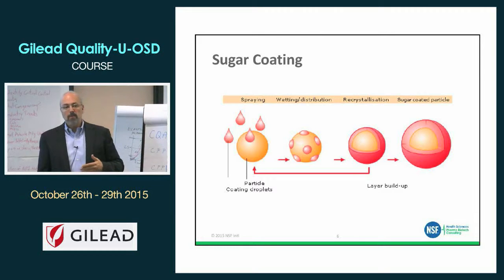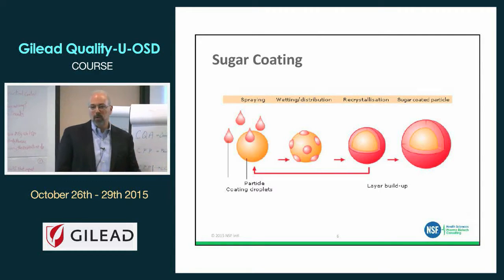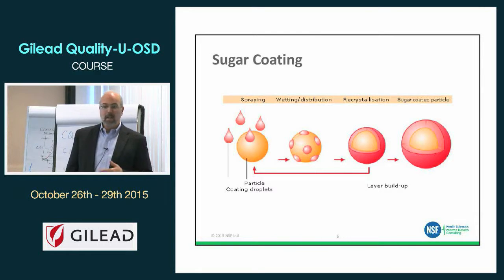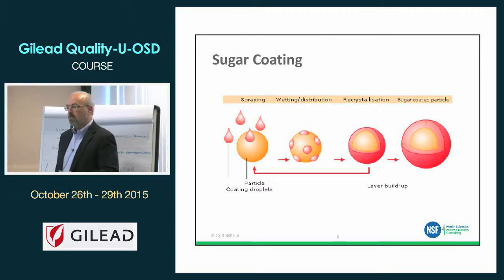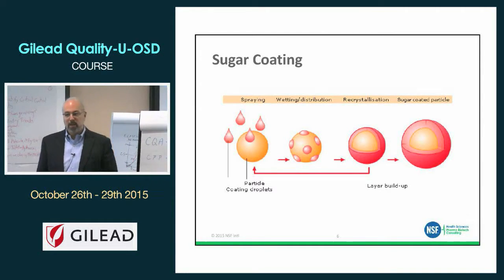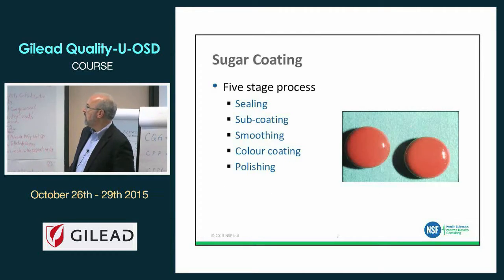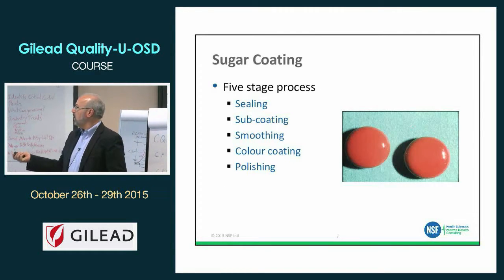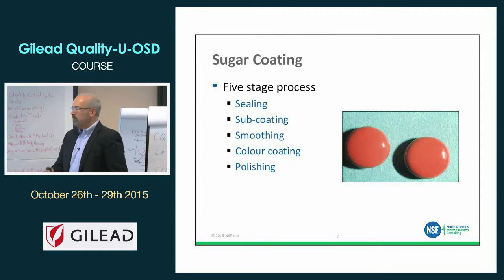In a static coat, you may have only 1 or 2 layers of coating. In an active coat, we may have, as I said before, a stabilizing layer, an active layer, and a series of top coat layers. So 5 stages: sealing, subcoating, smoothing, coloring, and polish. Beautiful tablets.